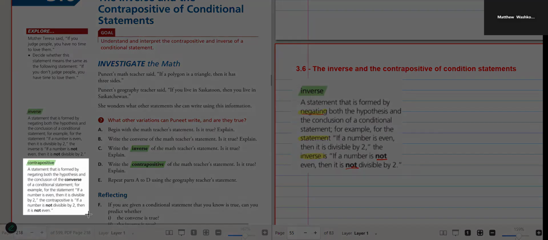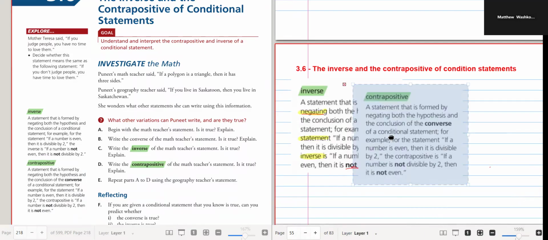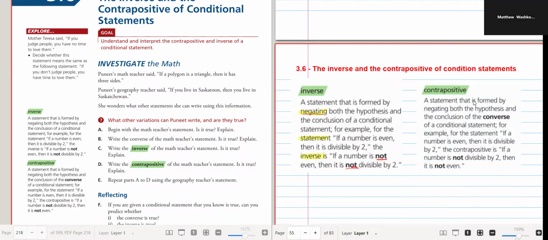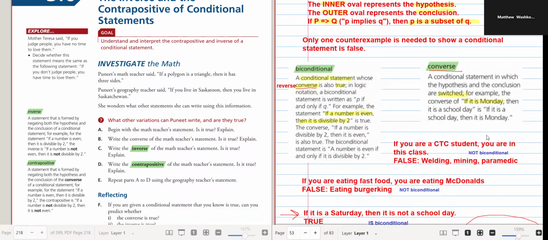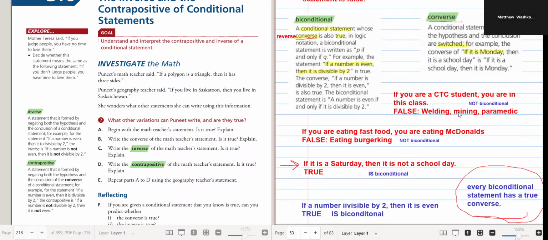Now, we're going to take it even one step further here, which is the contrapositive. Now, this is a statement that is formed by negating both the hypothesis and the conclusion of the converse, which is what we learned about up here, right? What's the converse? The converse is when you switch them.